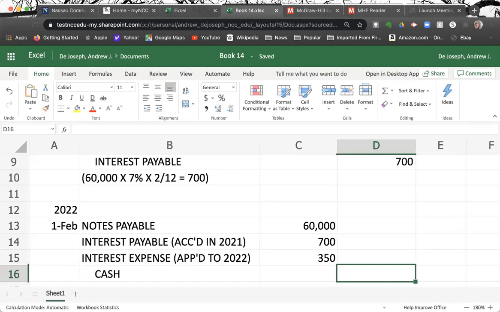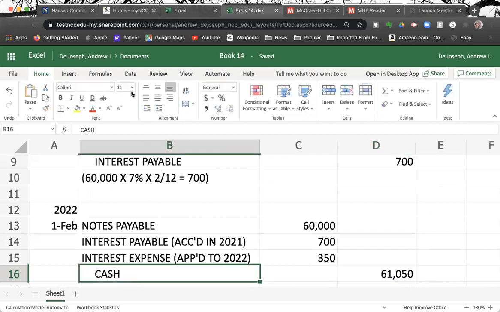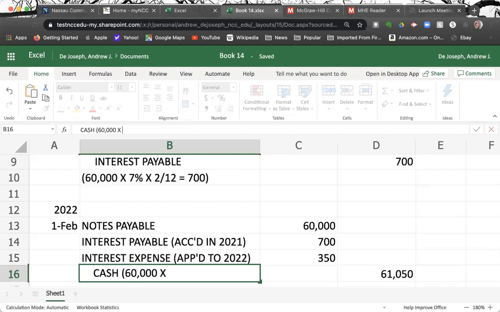So how much is 60,000 plus 700 plus 350? I think that's 61,050. Let me use my calculator because sometimes I make mistakes. $61,050. And if you wanted to do the math here, just to make sure that you were right, you would say this is 60,000 times 7% times 3 months out of 12, right?